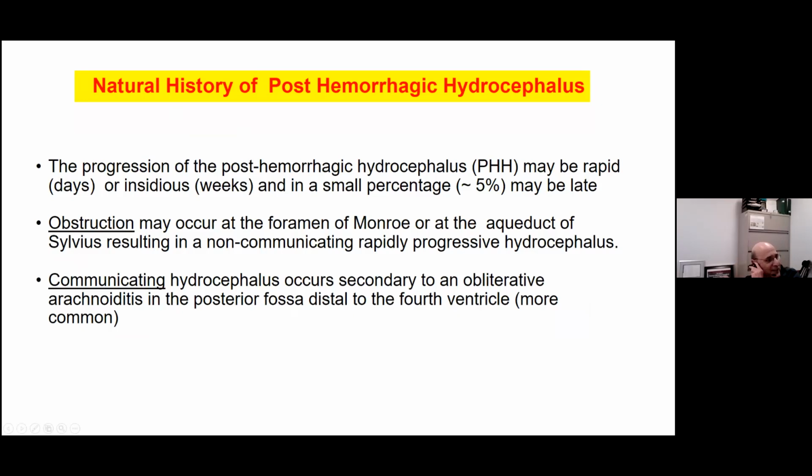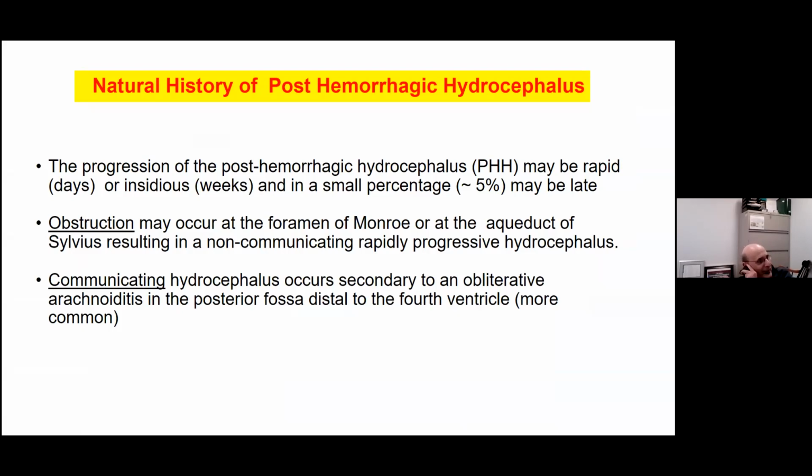This natural history of post-hemorrhagic hydrocephalus is very critical. So it can be rapid, it could be insidious over weeks, or a small percentage are late. We described a kid who had a small hemorrhage and suddenly at 8 months developed rapidly progressive hydrocephalus, which is an enigma.